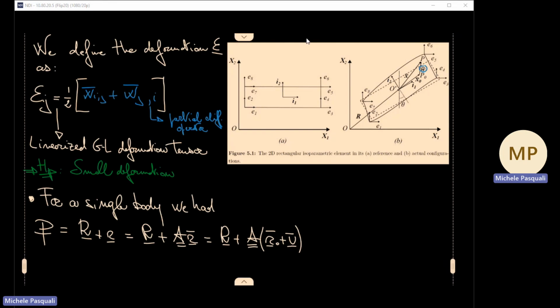So in this analogy, what do we have? Our local frame B1 and B2 translate to I1 and I2, which is the couple of vectors constituting the element frame.